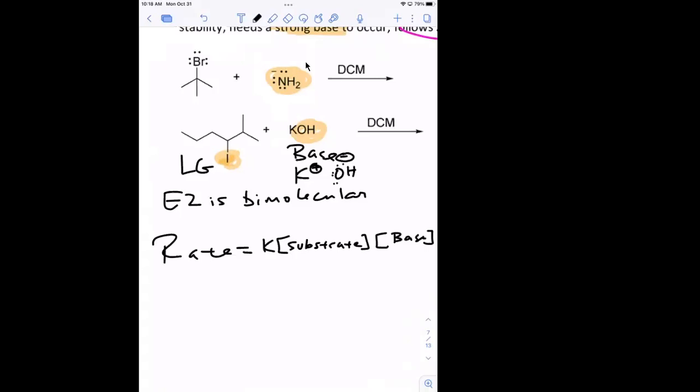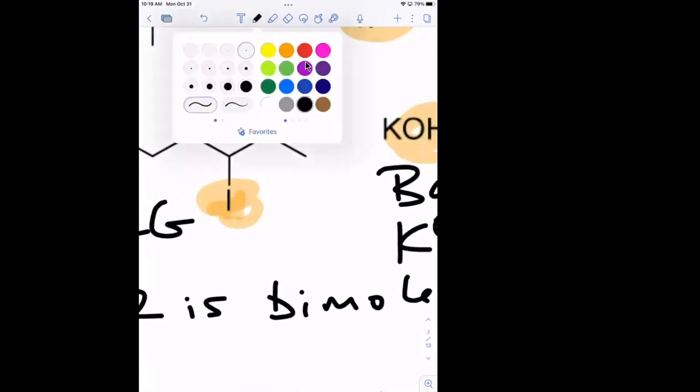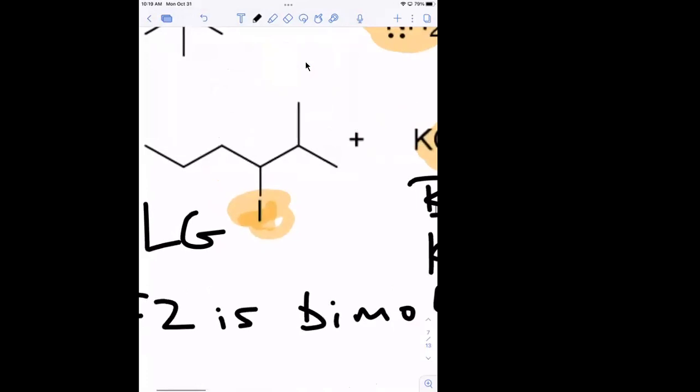Everybody okay with that? That's my leaving group. With elimination, there's another piece I have to identify in that substrate. Once I find my leaving group, the next thing is to identify what we call alpha protons, or alpha hydrogens. Those are on the carbon next door to the leaving group.